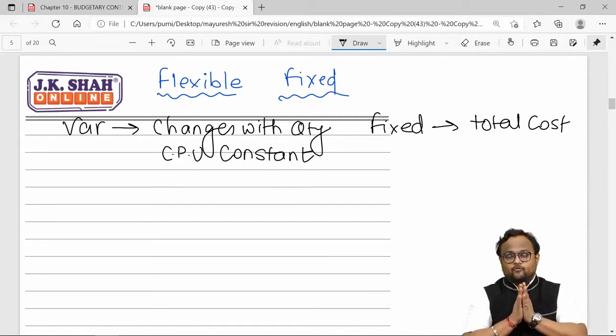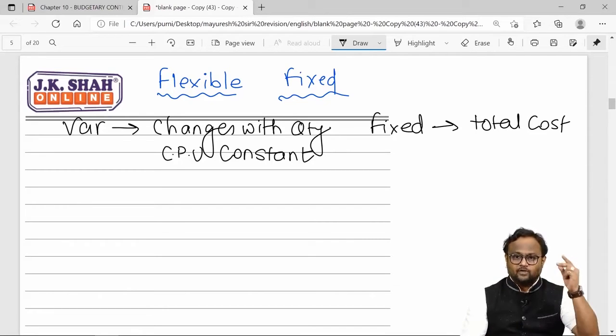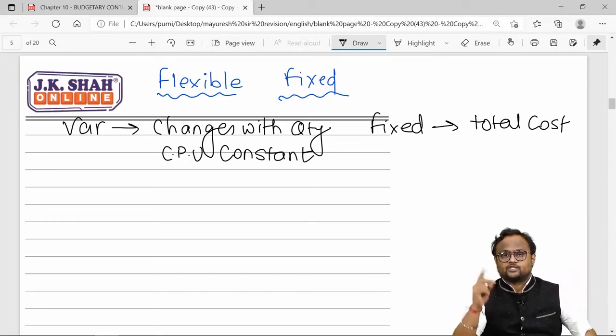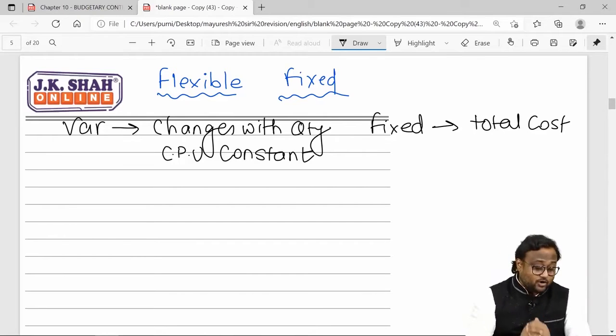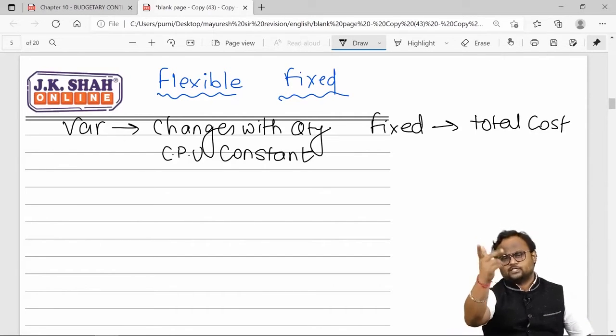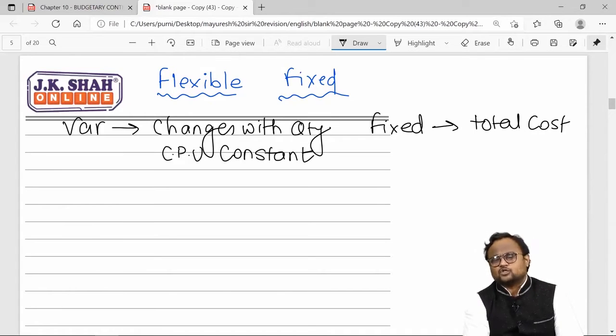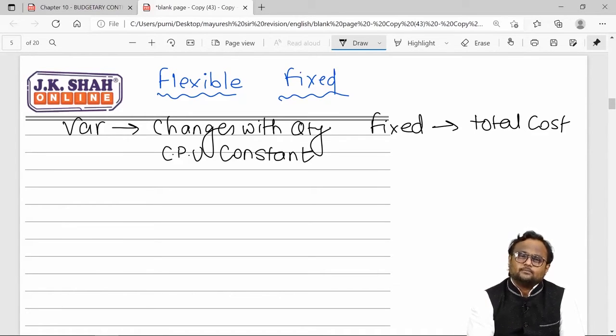So basically, for fixed and flexible budget, you need to know the cost structure thoroughly as variable and fixed. For variable, we are supposed to focus on CPU, and for fixed, we are supposed to focus on total. So tomorrow, if they tell you there is a change in the variable cost, always change the CPU. And if they say there is a change in the fixed cost, always change the total.